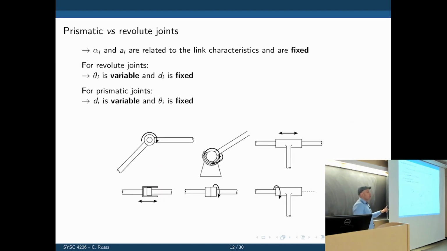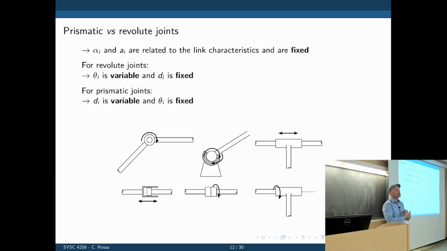So you have 2 types of joints, as we saw in the last lecture. For revolute joints, the variable that changes is the angle between them. So that's the angle, the twist around Z. Everything else is fixed. Doesn't mean 0, it means fixed.